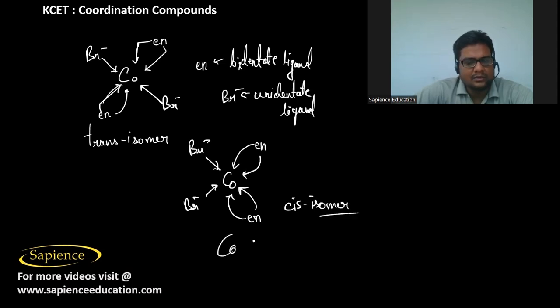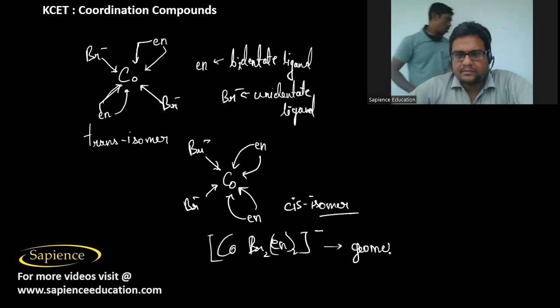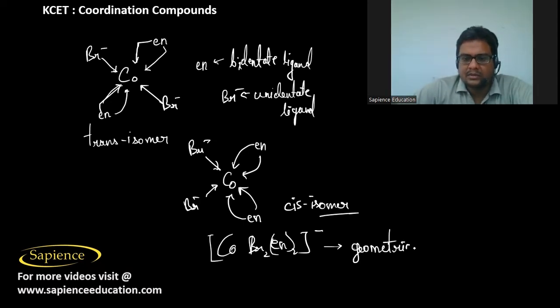So it means that the CoBr2en2 ion will exhibit geometrical isomerism.